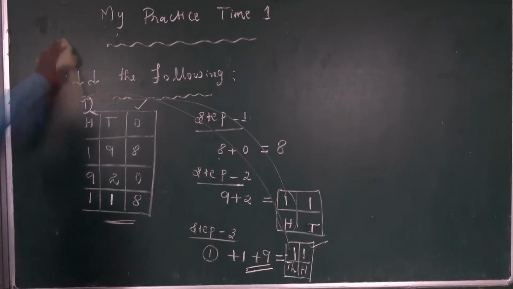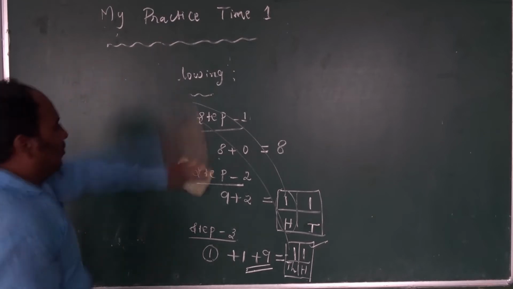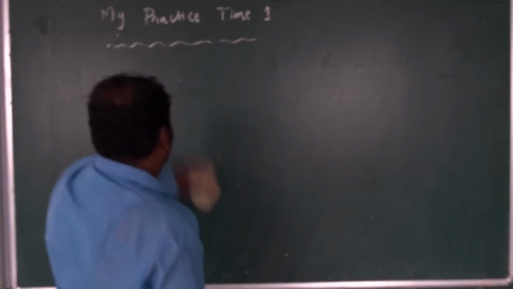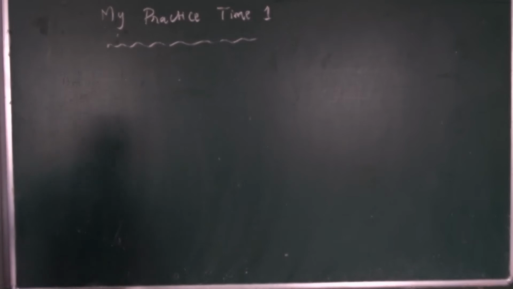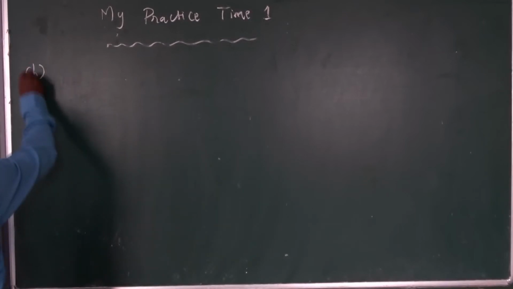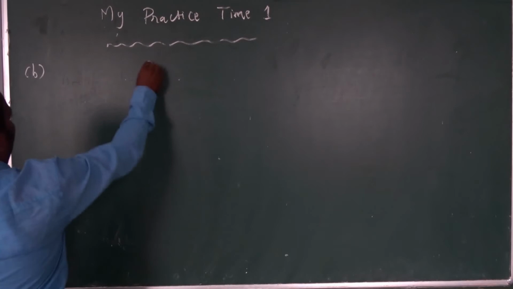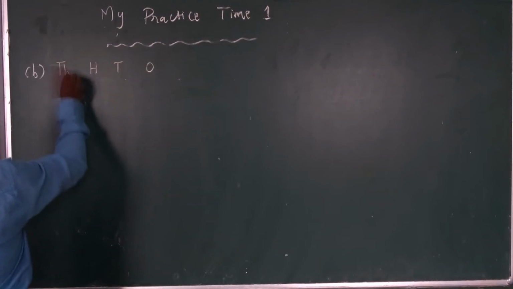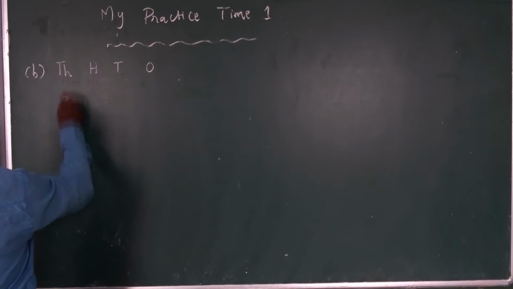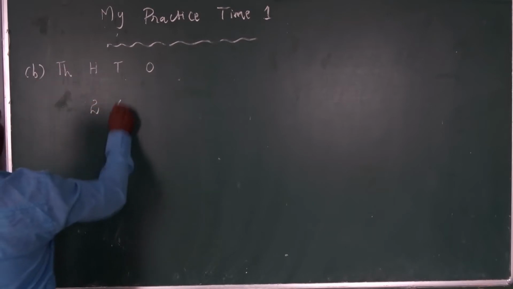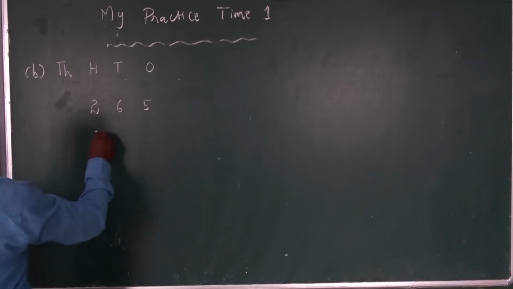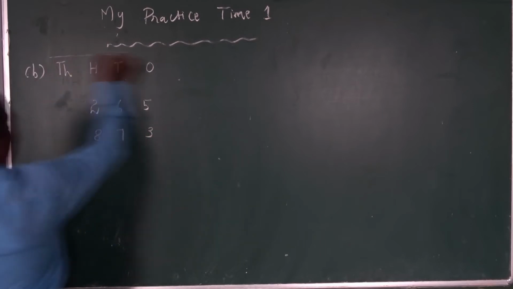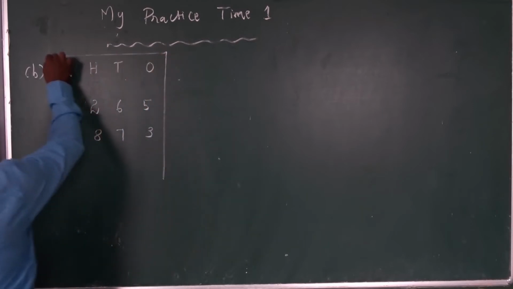B part. Just we add two 3-digit numbers. Ones, tens, hundreds, thousands. 265 plus 873.